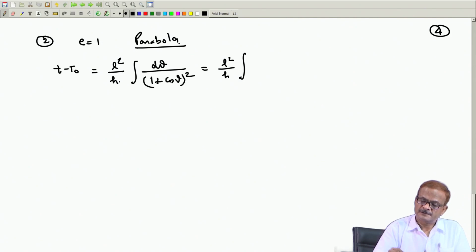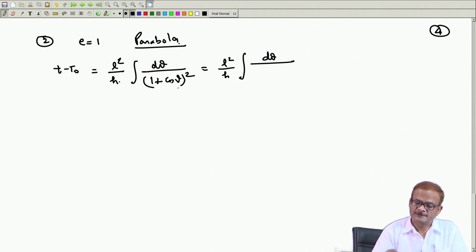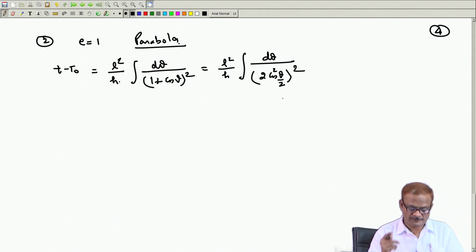Now, d theta by 1 plus cos theta, because e equal to 1, so we have directly written 1 plus cos theta. So, we can write here 2 cos square theta by 2, whole square.